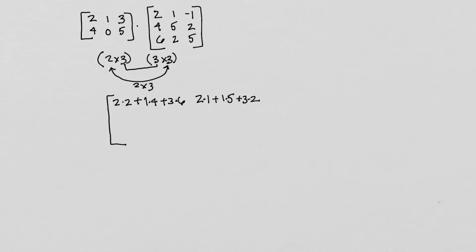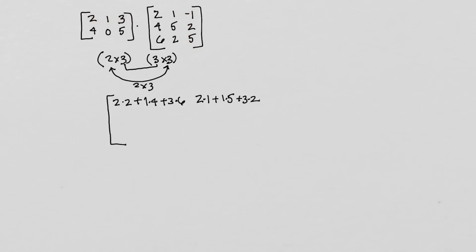Let's just trace it again. First and first is 2 times 1, right here. Second and second is 1 times 5, right here. And third is 3 and 2, right here. And then the element in this position here is in row 1, column 3. So we're going to use row 1, column 3.